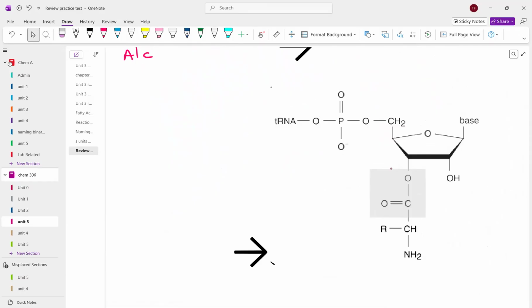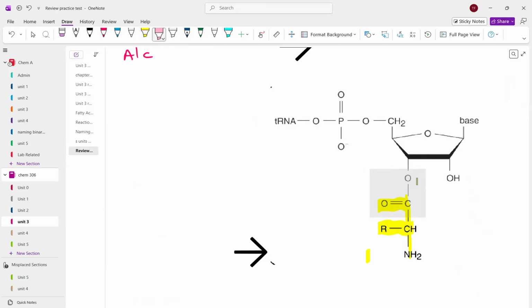Okay, so we got what? We got another ester. So we need an alcohol and an acid to make the ester. So which is it? Okay, so this part is going to be the acid part.